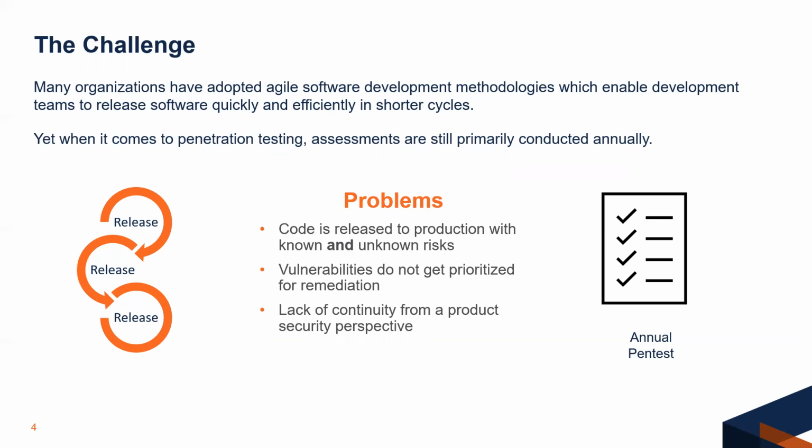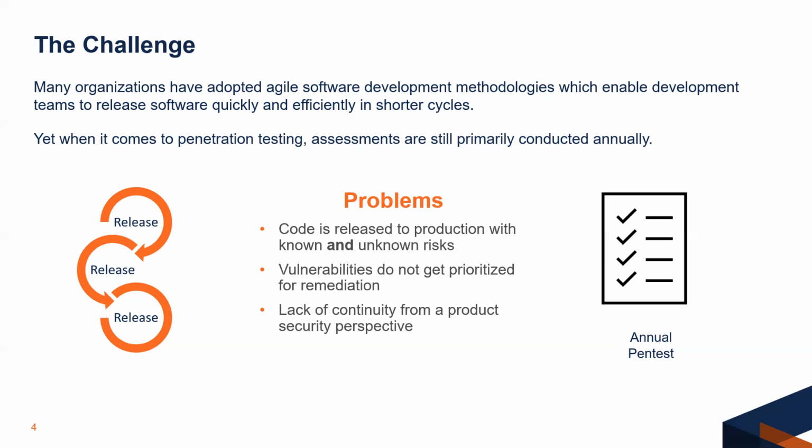The problem with this approach is that many companies have adopted agile methodologies to ship code quickly and iteratively in shorter cycles. This means that between each annual pen test, organizations will have code on production with known vulnerabilities and unknown vulnerabilities because the code is constantly changing with each release.